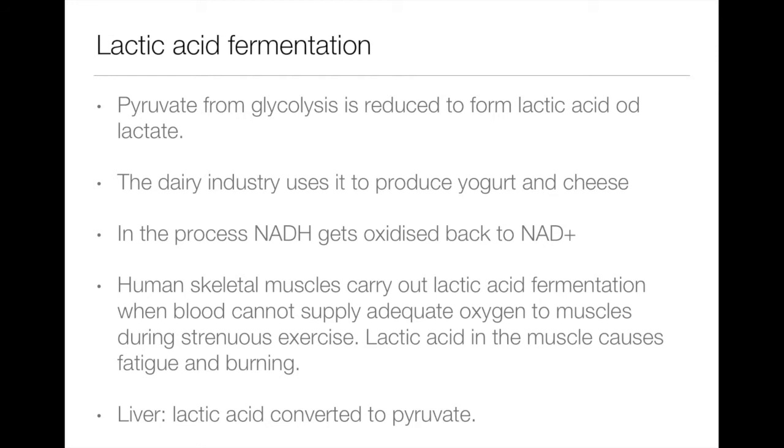The reason why you get cramps is because of lactic acid. The lactic acid continues to build up until the blood can supply the muscle with adequate oxygen to repay the oxygen debt. With normal oxygen levels, the muscle cells will revert to the more efficient aerobic respiration, and the lactic acid is then converted back to pyruvate in the liver.